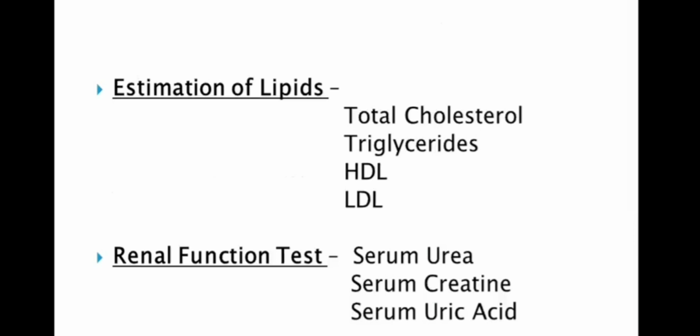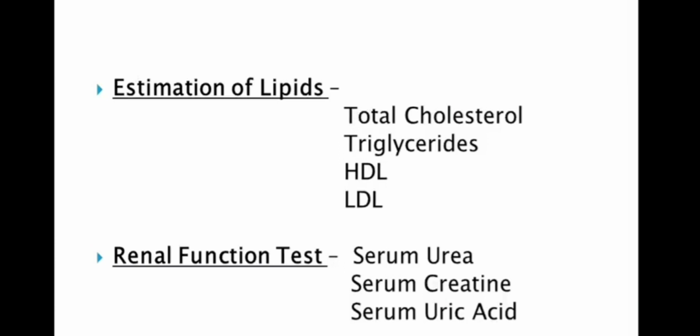Triglycerides should be below 150, better below 120. Then HDL should be above 45, and LDL should be below 100. That is the normal range of lipids, which can be done in fasting. So while writing the estimation of these lipids, you can write it as fasting lipid profile.